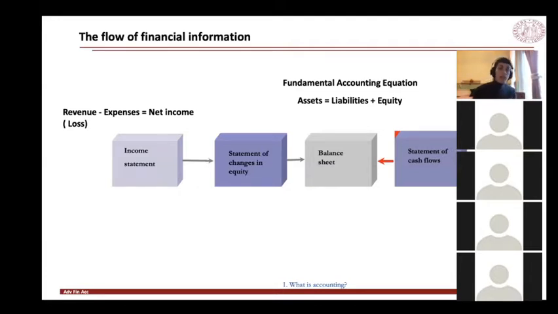This information has to be translated and incorporated into the financial statements. How? Well, through a couple of steps. Journal entries first, and then T accounts next. And then at last, all the T accounts from the bookkeeping system get incorporated into the different statements.